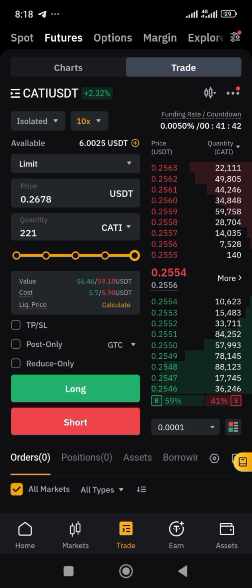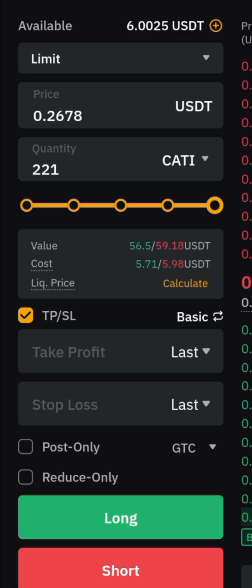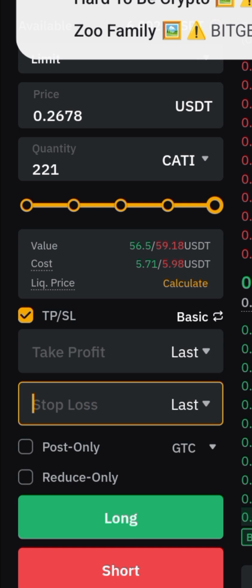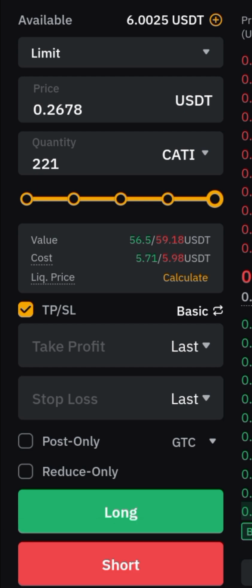Remember, isolated helps you restrict the funding of that particular trade to this particular money you have here, and not move over to other tokens or projects in your wallet when this one gets exhausted. This is where you set your TP and SL, your take profit and stop loss. Once you click on this, it opens. This is where you enter the take profit and the stop loss as well, and then for you to enter the trade.